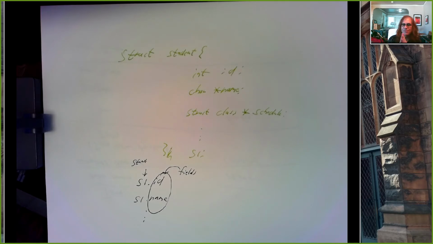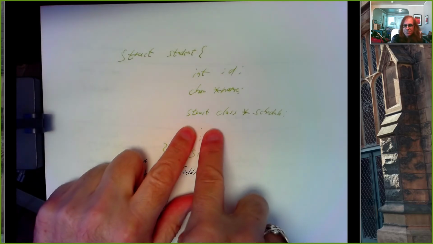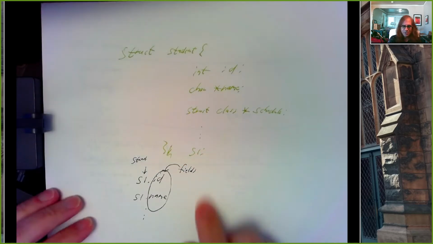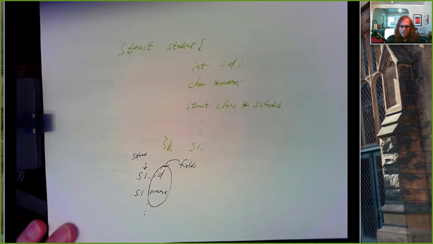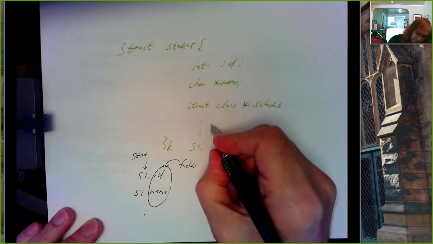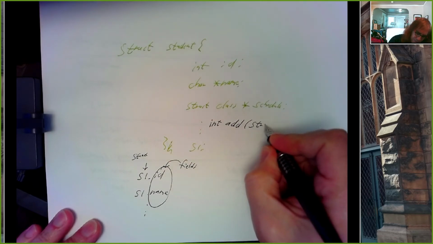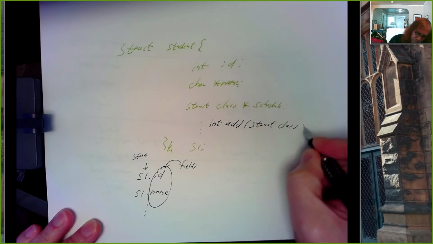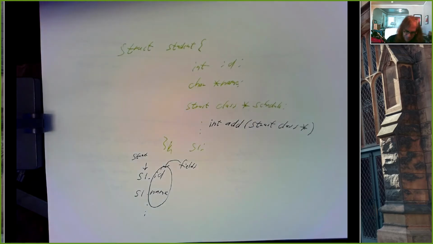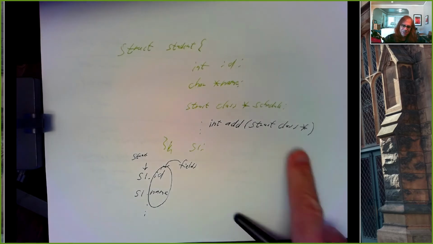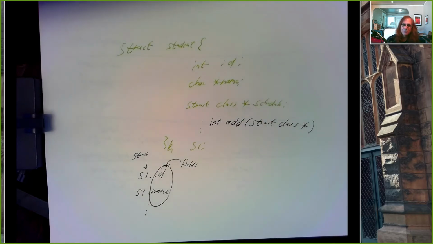But we're going to go one step further, and we're also going to allow you to define not just pieces of data, but also pieces of code that are part of this structure. So if we wanted to add a class to a student's schedule, we might have an add method, an add function, that we can give a class and it will add that class to the student schedule.